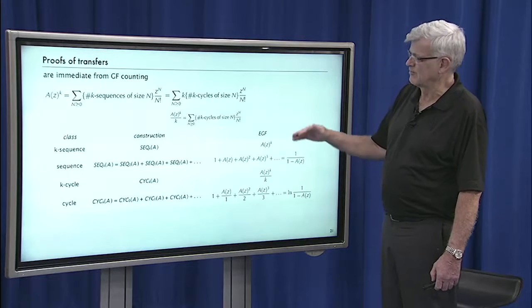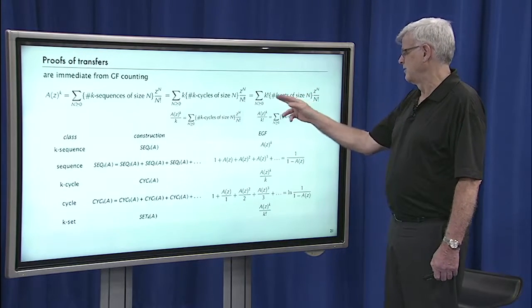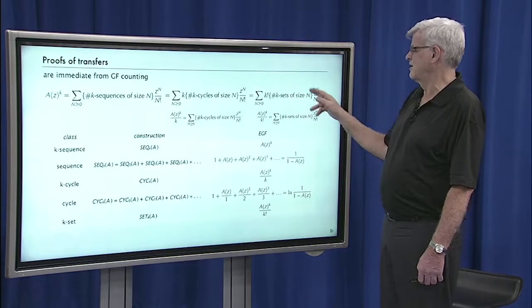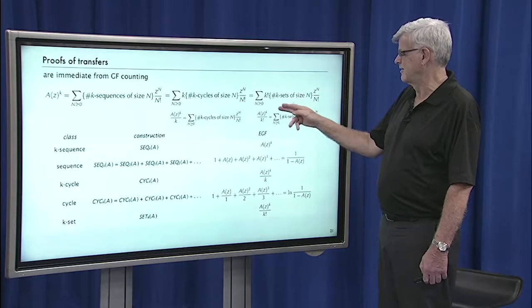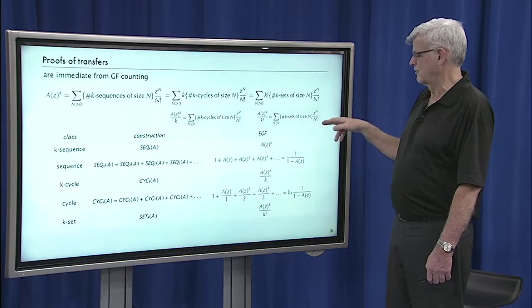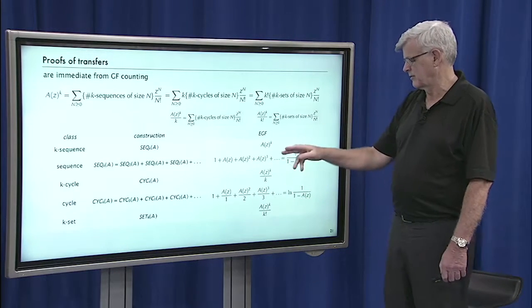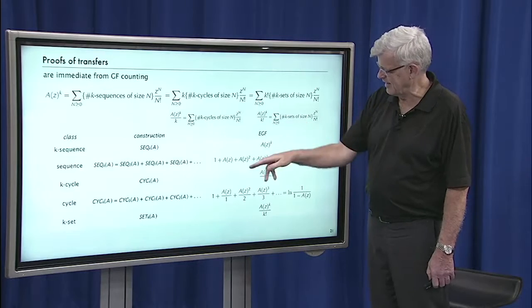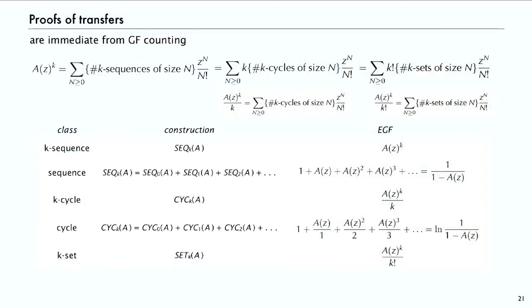And again, the same kind of argument: if you take all the sequences of size n, you're going to see each set k factorial times. So that means A of z to the k over k factorial is the generating function for the k sets of size n. The k sets from A is A of z to the k over k factorial.